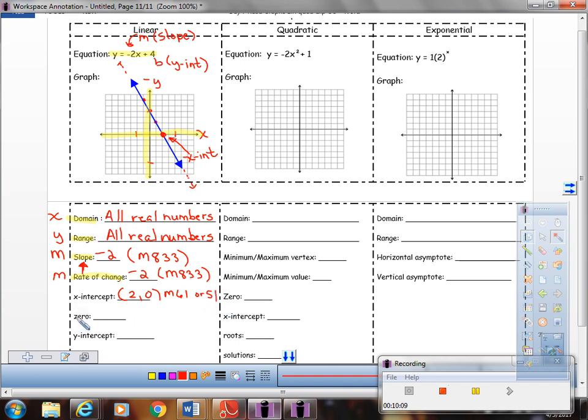So the next one says 0. What does that mean? It's your x-intercept. Put a little arrow. It's the same thing as that word. It's the exact same spot, so it would be the exact same point. So 2, 0, and we can use either menu 6-1, or we can use the trace, which is 5-1.